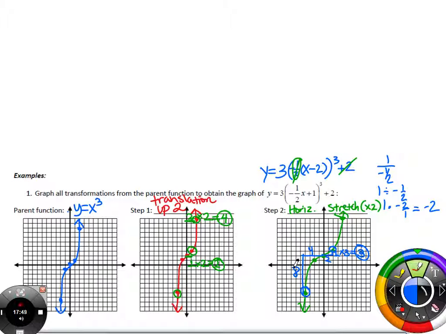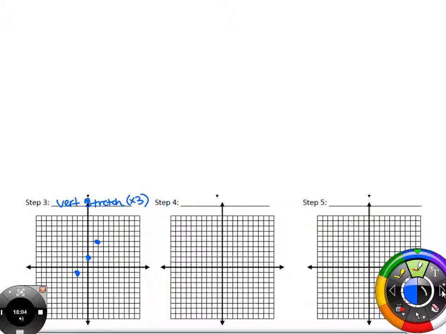It should get multiplied by a factor of 3 because that's the vertical stretch factor that we're dealing with right now. 8 times 3 would be 24. Okay? That means that on my graph, points that were 4 away and 8 above, we now want them to be 4 away and 24 units above.